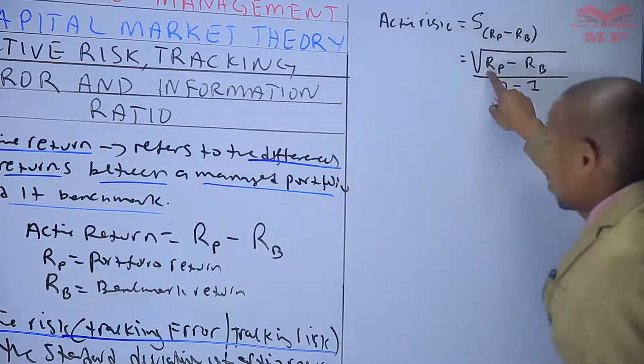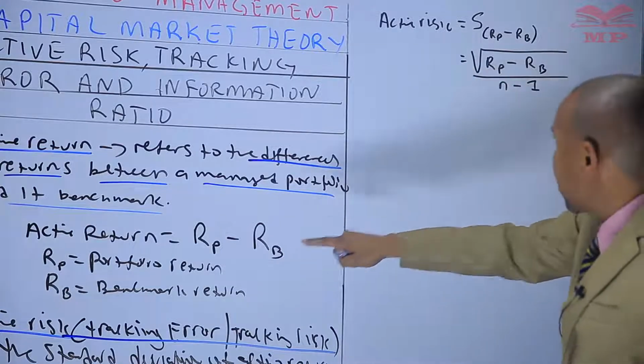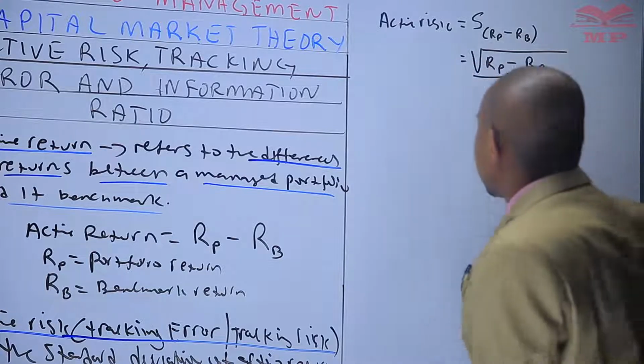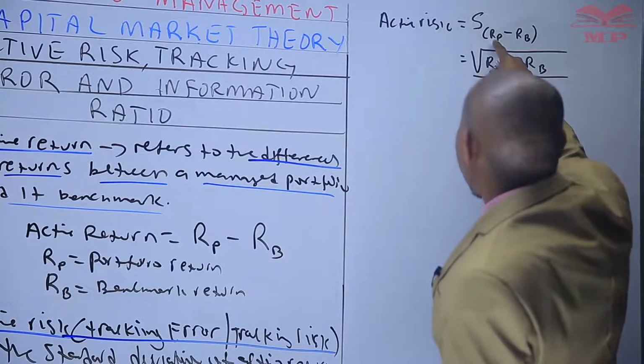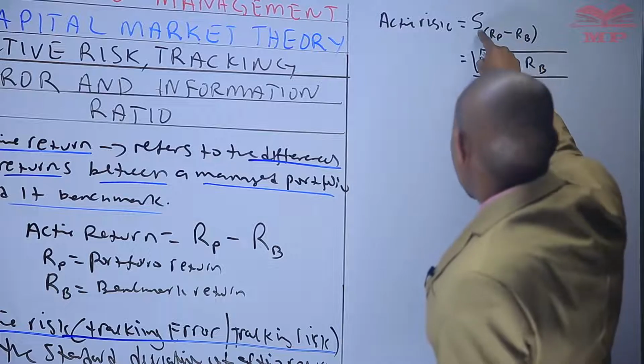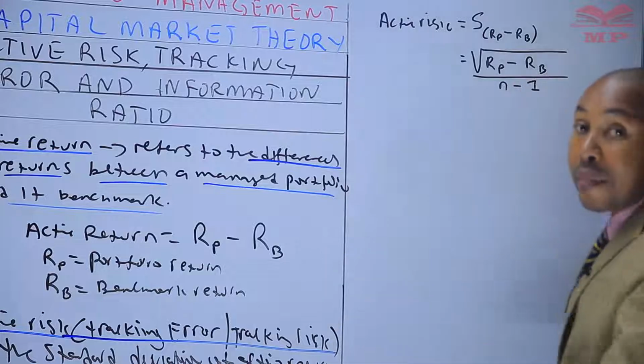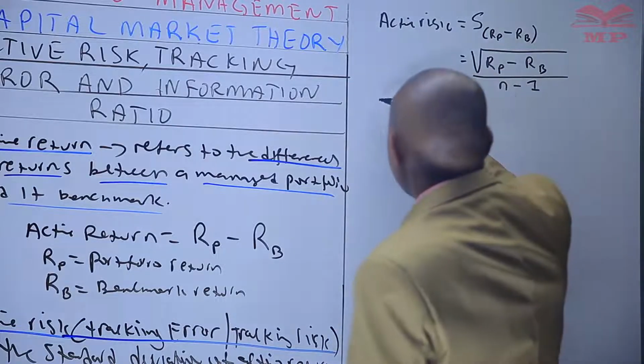Return on the portfolio, we already defined that, and return on the benchmark. So the standard deviation of active return is what is termed as active risk.